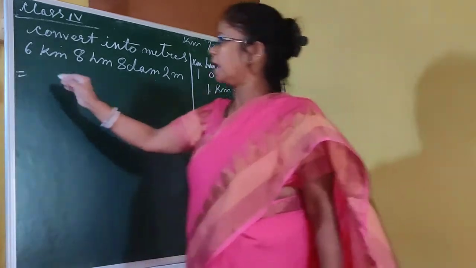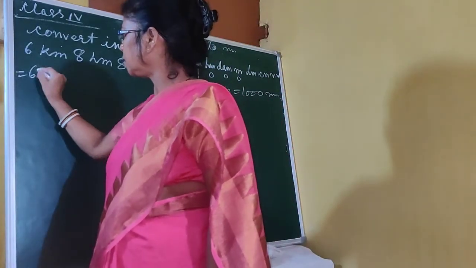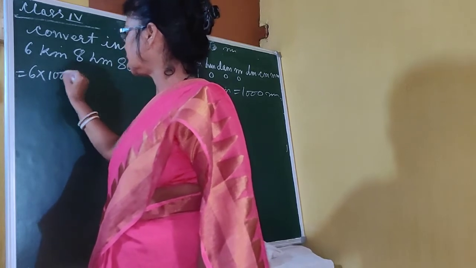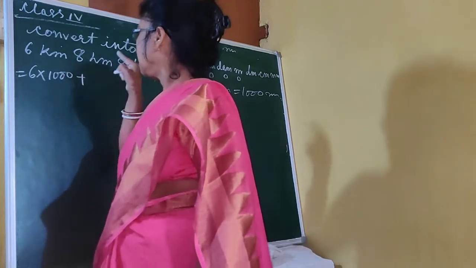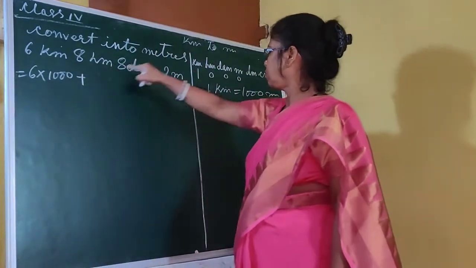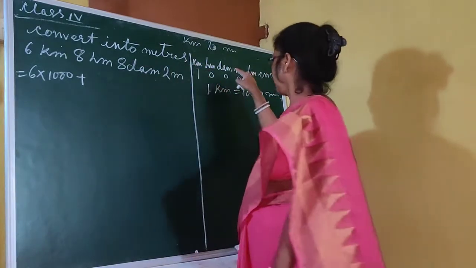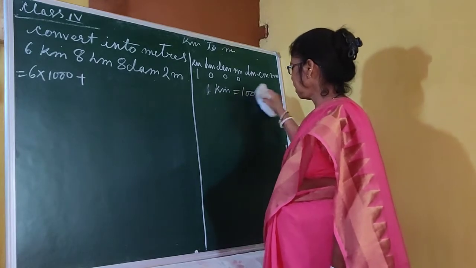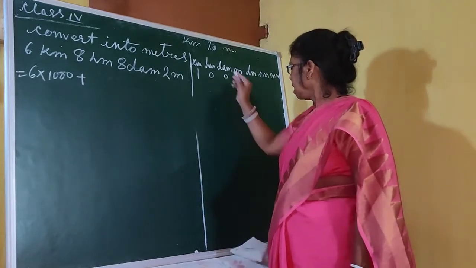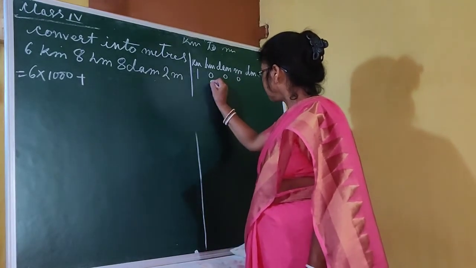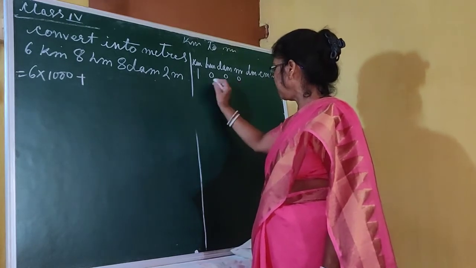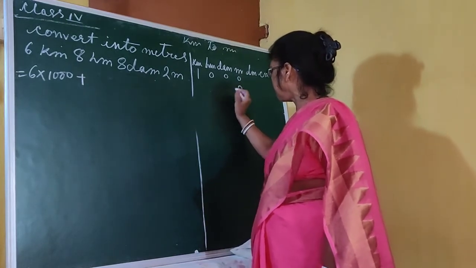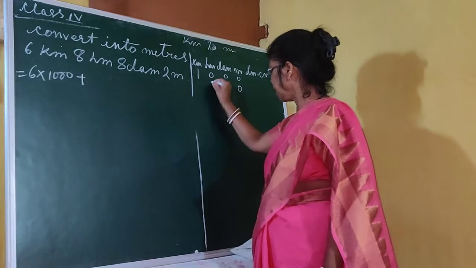So this one, multiply by 6 into 1000, plus 8 hectometer, convert to meter. So hectometer here. 1 hectometer equal how many meter? You start from meter, hectometer.